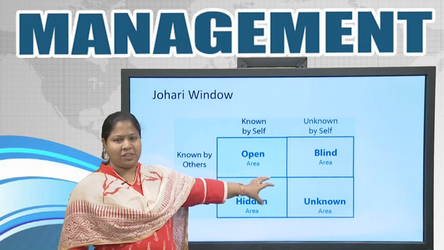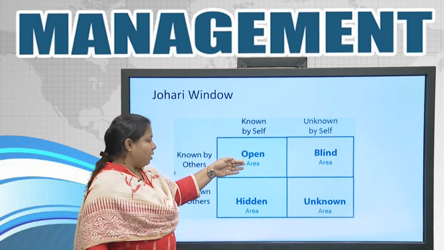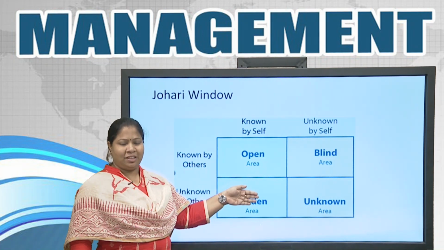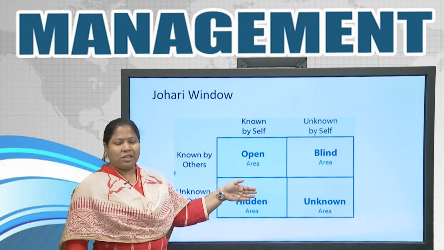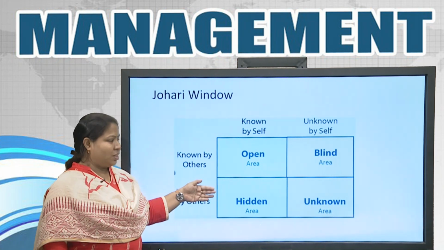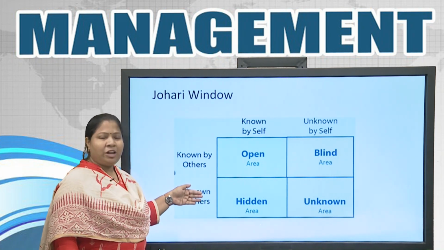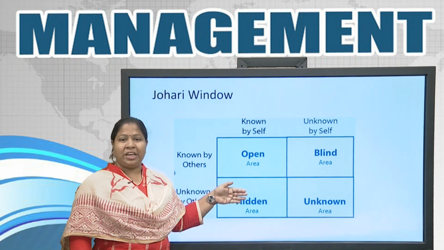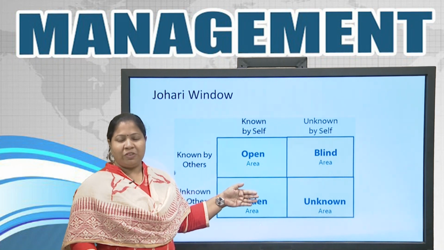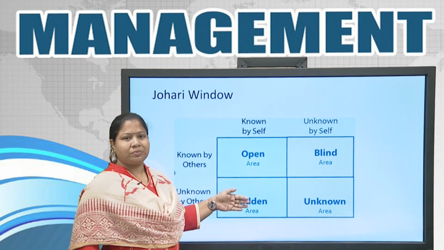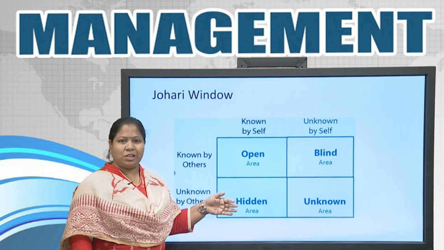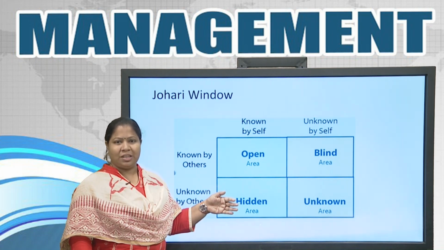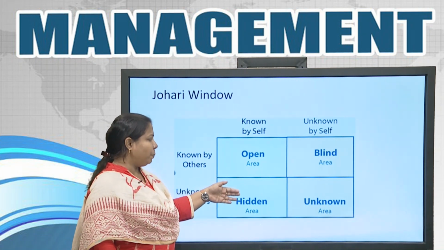Here we can do one thing. We can open up the hidden area, right? We can discuss the issues with the weakness which is unknown by others. The manager who doesn't know your weakness will not be able to understand the reasons for non-performing the task. So, we should open up.